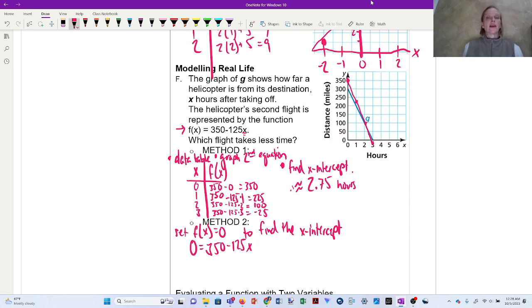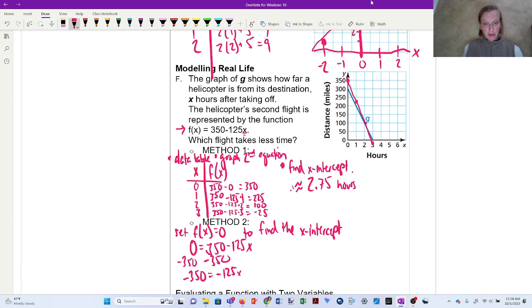This equation only has one variable, and my goal is to solve for that one variable, x. So how do I get x by itself? The first step is to do reverse PEMDAS, to add or subtract any values that I see attached to x. So I'm going to subtract 350 from both sides of the equation, and I'm going to get negative 350 equals negative 125x.